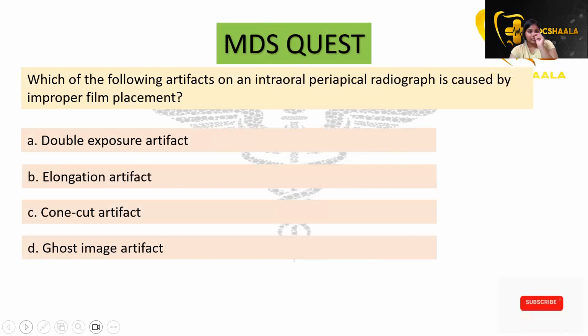One more question here is, which of the following artifacts on an intraoral periapical radiograph is caused by improper film placement? So improper film placement, that is, suppose this is the tooth of interest, but you placed a film here.